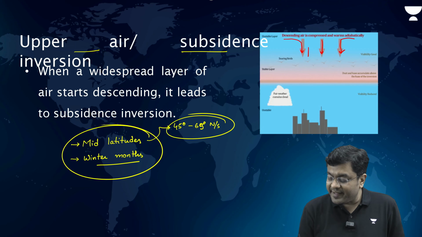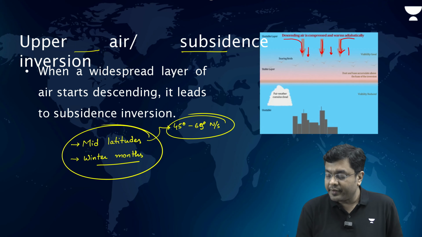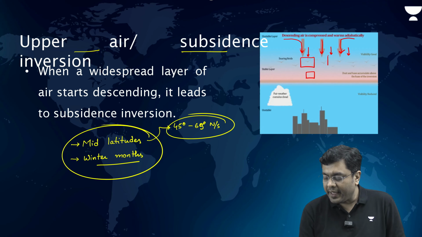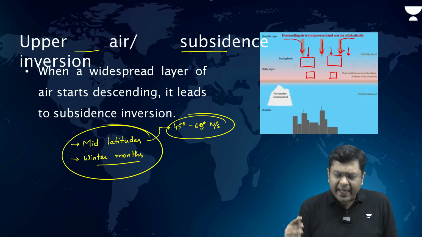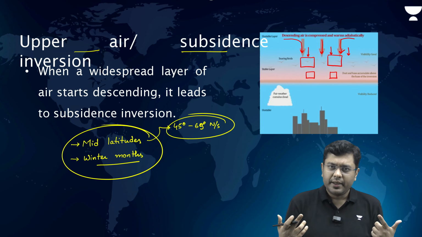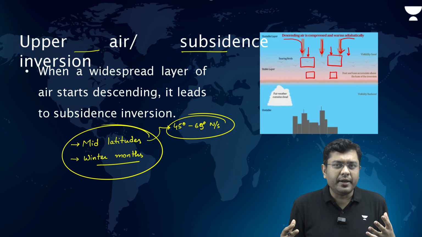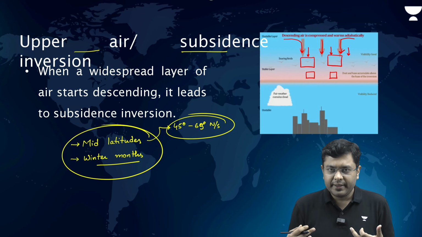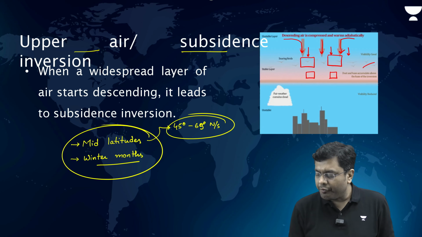So it is pushing itself into the region where the air is very dense. So naturally, this air parcel will also start getting compressed. Anything when you compress it, heat is generated. So this compression of air will generate heat, will create a layer of warmer air.